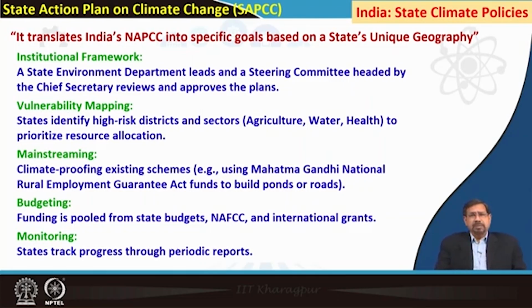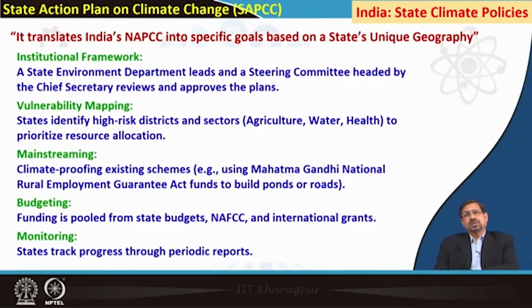a state environment department leads and a steering committee headed by the chief secretary reviews and approves the plans. Coming to vulnerability mapping, states identify high risk districts and sectors such as agriculture, water and health to prioritize resource allocation. Third is mainstreaming, climate proofing existing schemes such as Mahatma Gandhi NREGA.